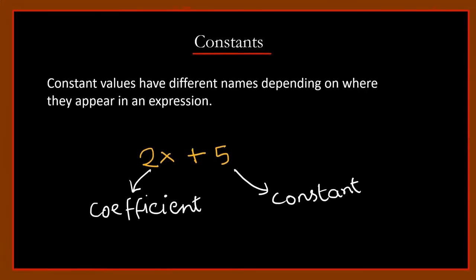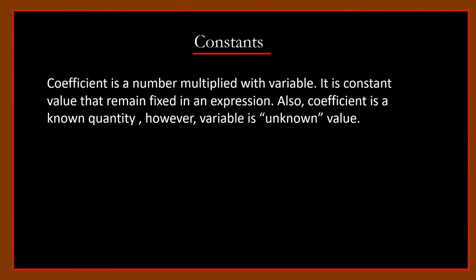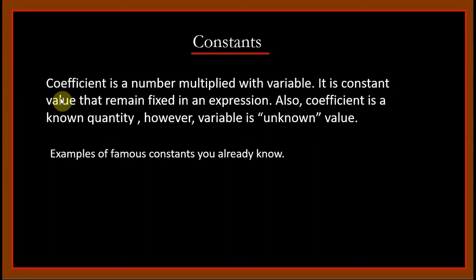A coefficient is a number multiplied with a variable. It is a constant value that remains fixed. Also, a coefficient is a known quantity, whereas a variable is an unknown value. Here are some examples of famous constants that you may already know.